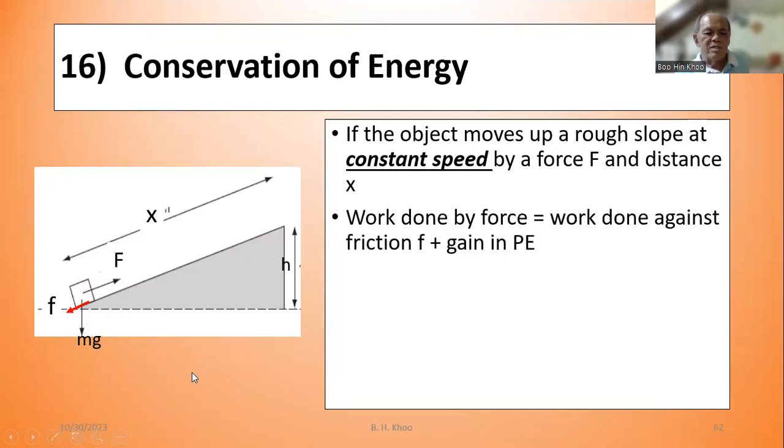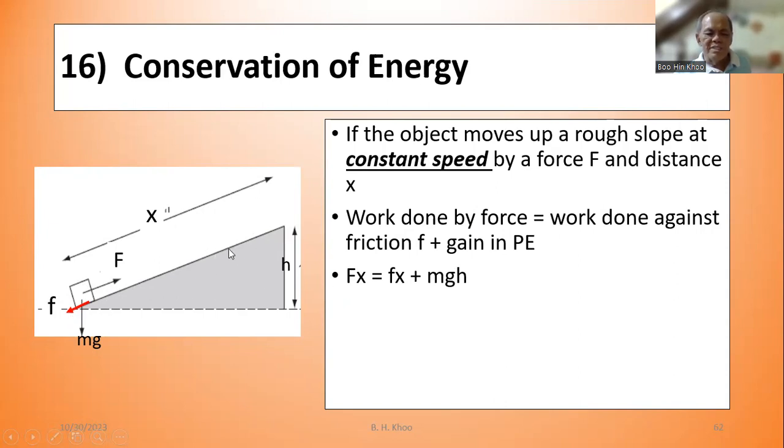So you should be able to write the conservation of energy formula. Work done by force, that's the force. Where does it go to? Right? You do work against friction. So work done against friction. Then you raise it from 0, let's assume that the object is at 0 height, to a height h. The gain in potential energy, or in mathematical form, F times your x is, right?